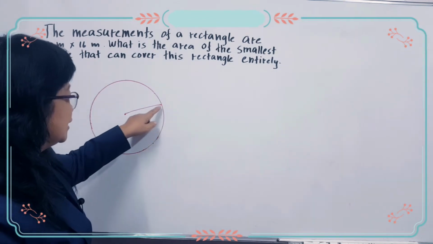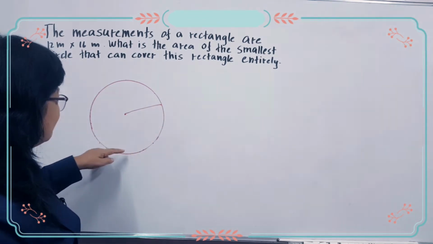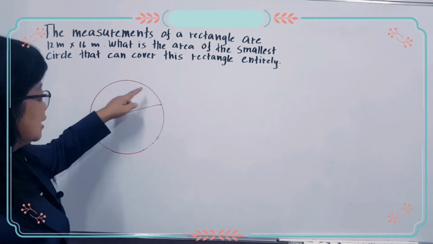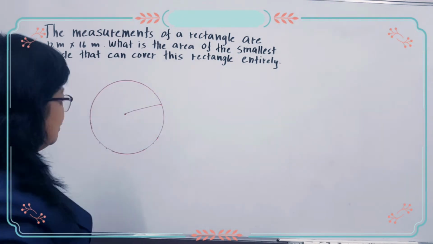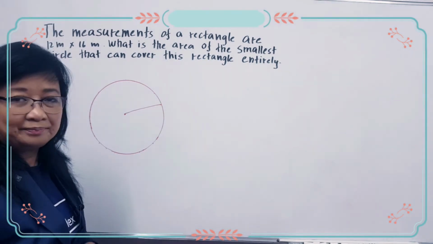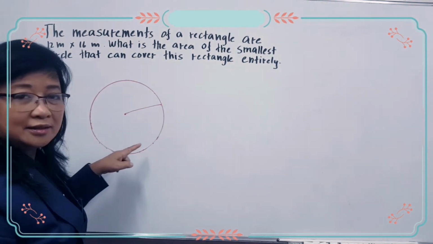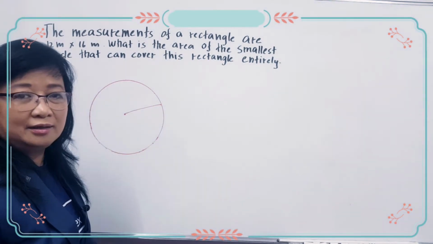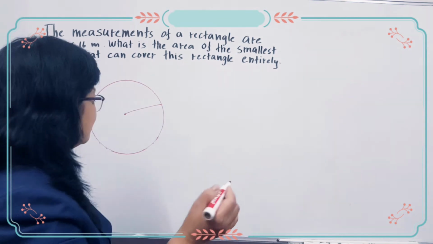So, it will form a circle. Now, another thing, in a circle, there is the so-called diameter. Ano nga ba ang diameter?